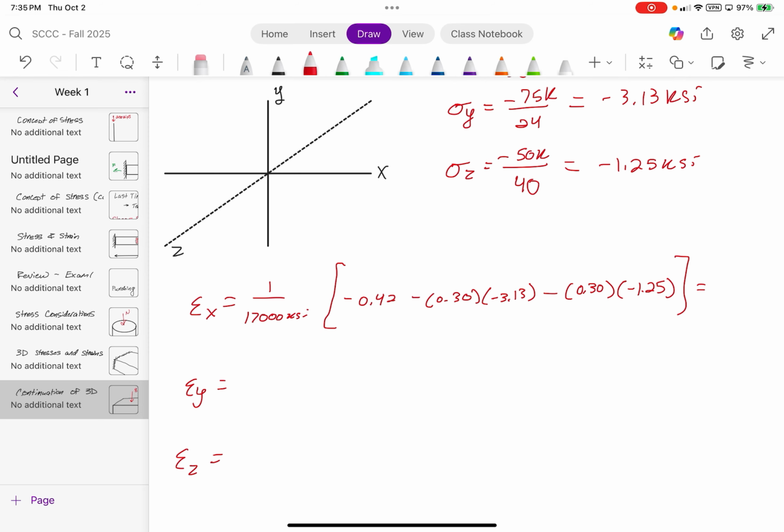I gave you guys those equations because what you're doing here is technically correct, but you would need to do it for each force independently. Whereas the equations with sigma x minus mu sigma y minus mu sigma z account for everything independently, all added together.